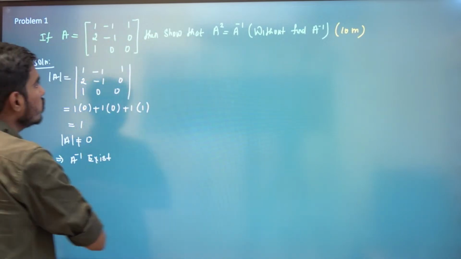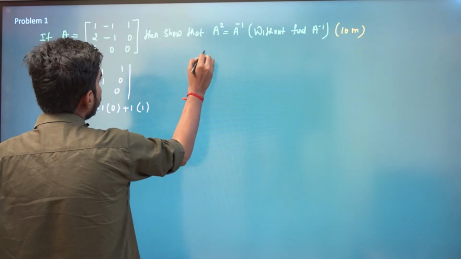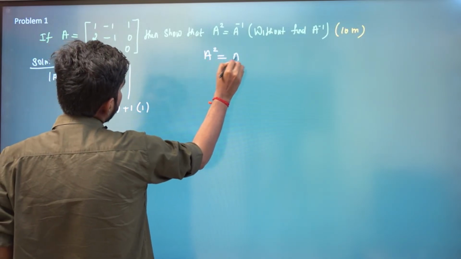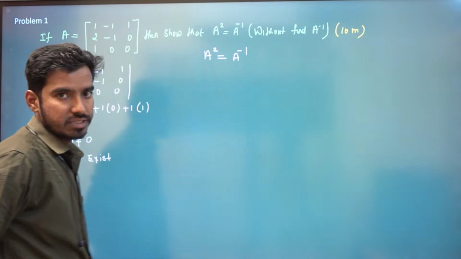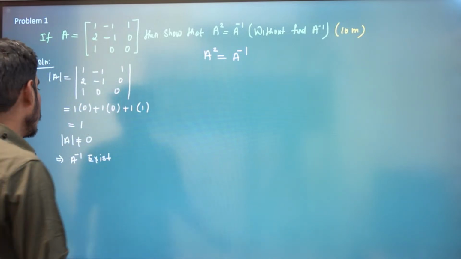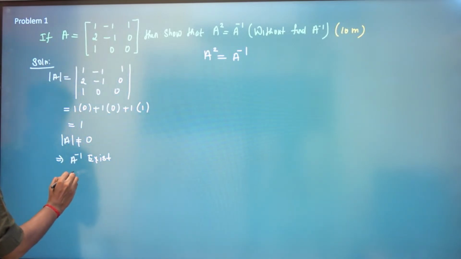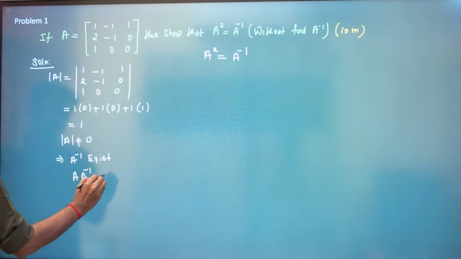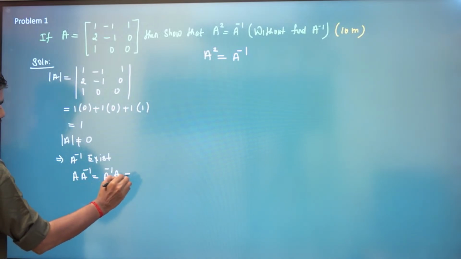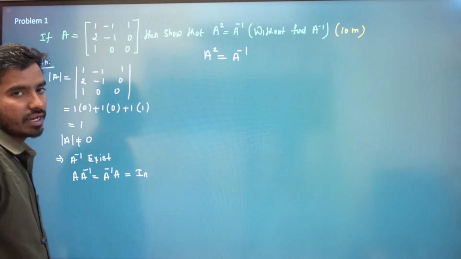Now we have A square is equal to A inverse. If A inverse exists, by definition of inverse, can I write A into A inverse is the same as A inverse into A, equal to the identity matrix of order n?